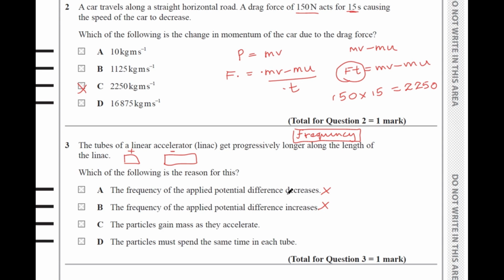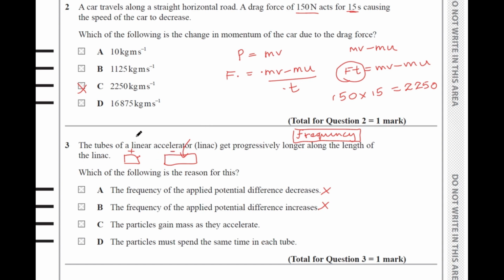So why are these tubes getting longer? The reason is linear particle accelerator, as the name implies, it accelerates particles. The velocity increases. One more thing you need to remember is velocity within the tube. Velocity of each particle inside the tube remains unchanged, but velocity of the particle when it goes from one tube to another tube, in between the tubes, it increases.